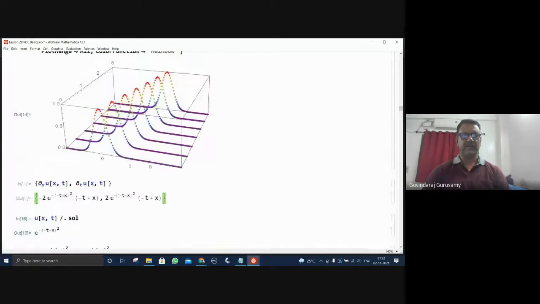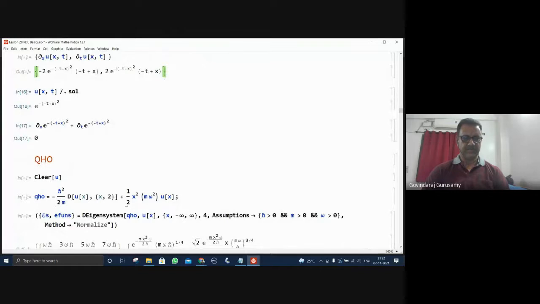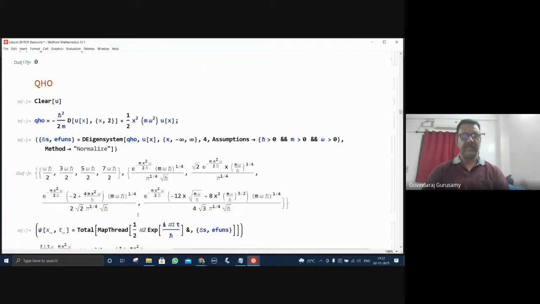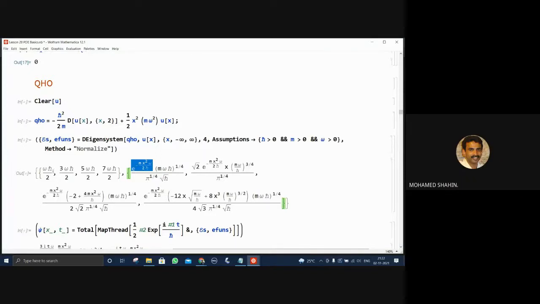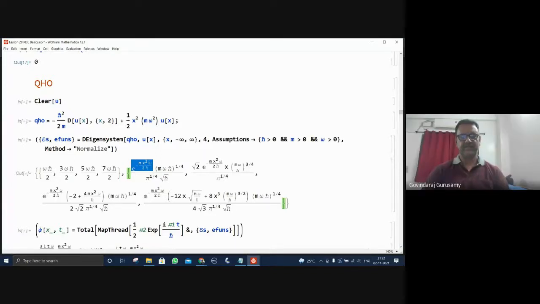In fact, the quantum harmonic oscillator, the second case which I have dealt with, has a ground state that is Gaussian. You can see here, it is a Gaussian. Yes, sir. Half h-bar omega, it is a Gaussian type wave function. It is normalized.